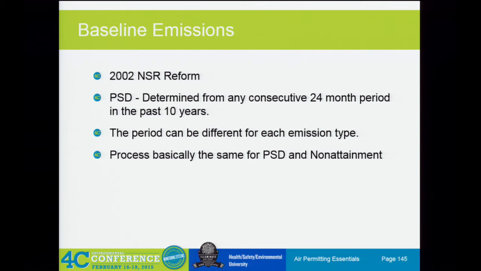Or if they know they've made enough process changes in the last couple of years and already know that their highest emissions are going to be what they've operated the last 2 years, they might use the past 24 months as their baseline emissions. So how you determine which ones you want to use is up to you. You don't necessarily have to choose the highest, but it works in your favor to not trigger PSD or non-attainment if you take the highest of that 24-month period.